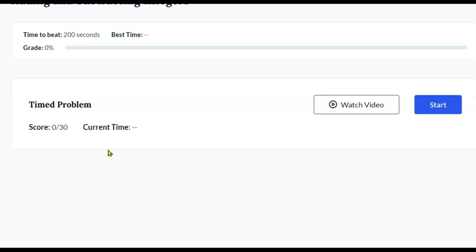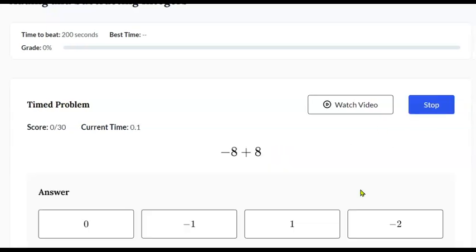It will keep going until you make a mistake or until you choose to stop the clock on your own. So you can start again each time. And if you see that you have a score of 30 or higher, you click the stop button. And that's it. That concludes homework number 1.